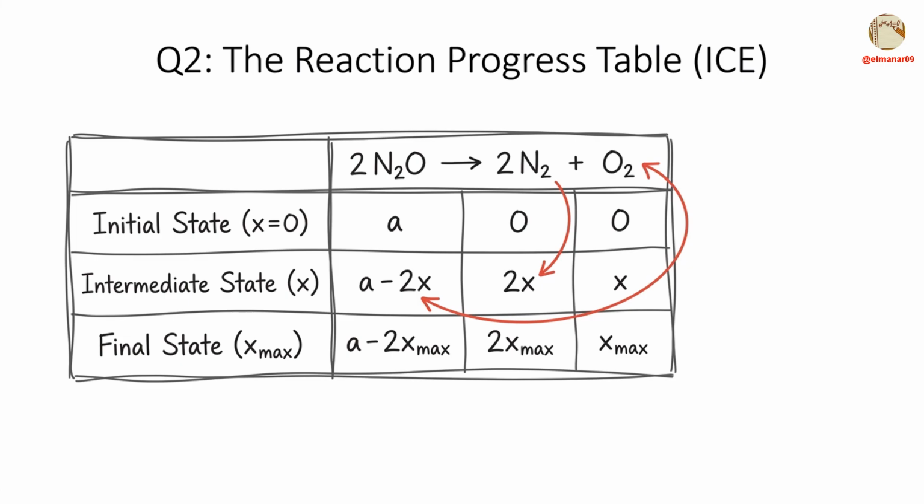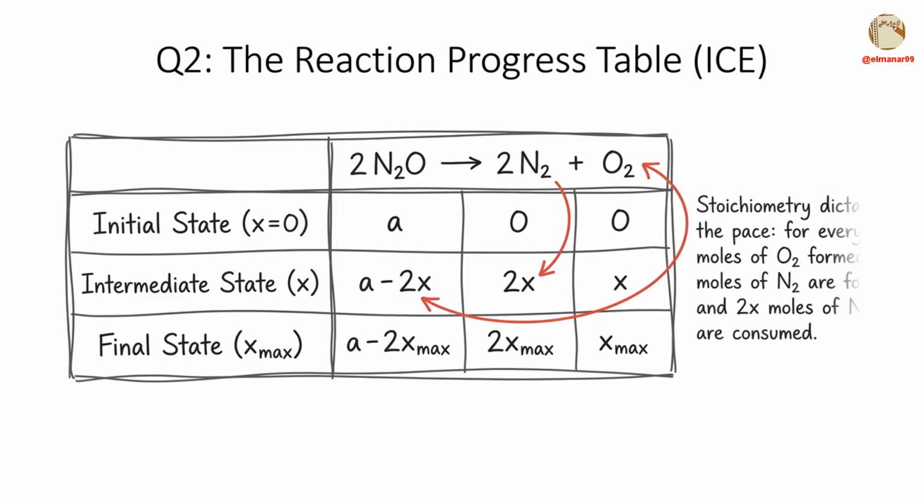For every x moles of O2 formed, we must have formed 2x moles of N2. Simultaneously, 2x moles of our reactant N2O must have been consumed, leaving us with A minus 2x. 3, the final state, Xmax. This is when the reactant is completely gone. We just replace X with Xmax in our expressions. This table is the map that will lead us to the finish line.